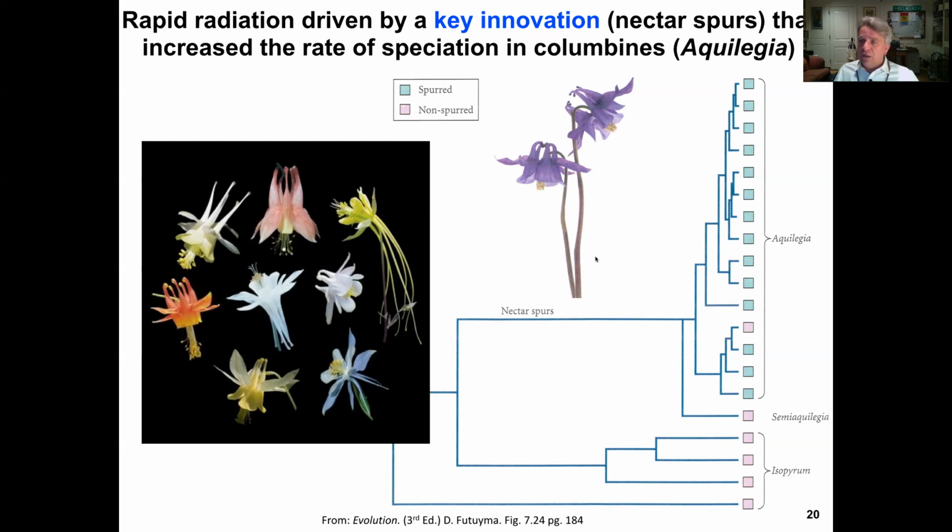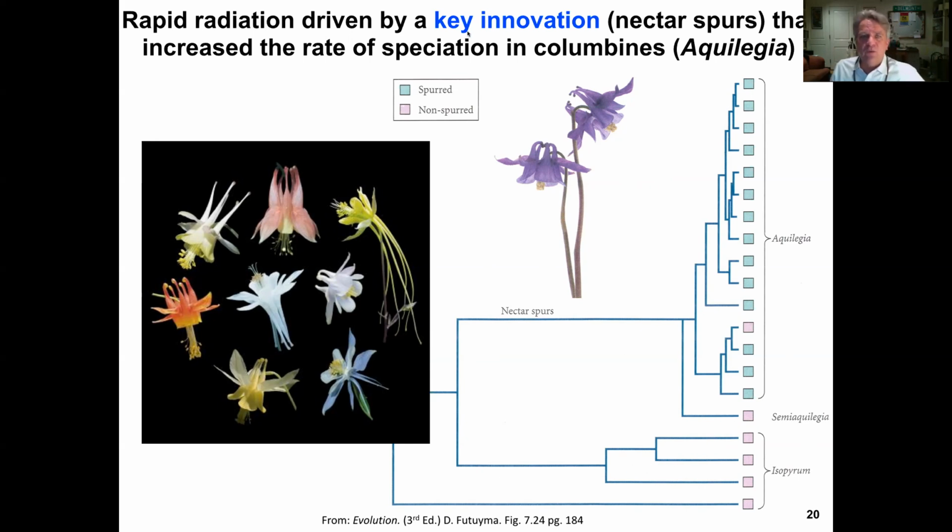Now, the idea here is, do lineages evolve traits that facilitate the occupation of a new set of habitats or utilization of a new set of resources? And this idea is called a key innovation, a trait that allows the lineage to exploit a set of habitats and resources that other closely related lineages do not.